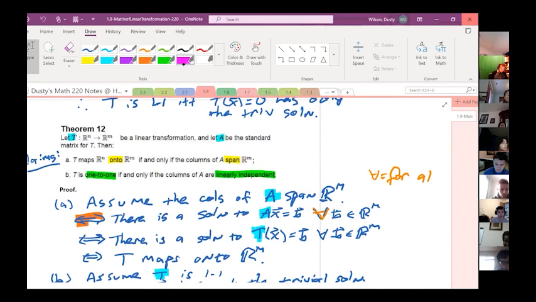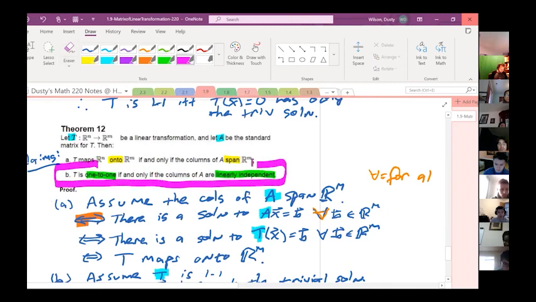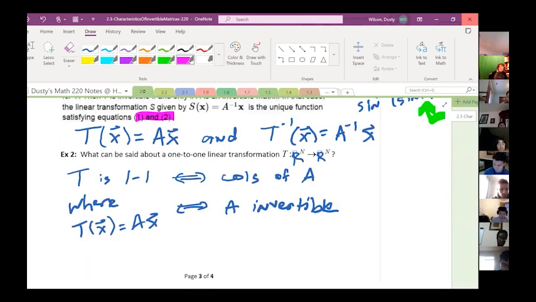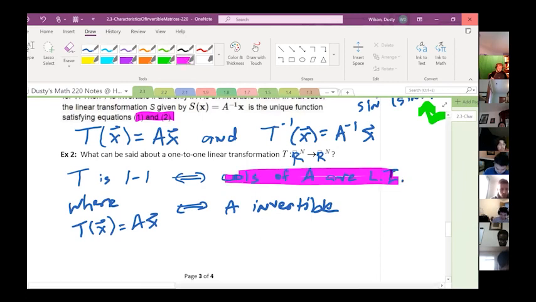It says T is one-to-one if and only if the columns of A are linearly independent. So the columns of A are linearly independent. That's what we were talking about there.